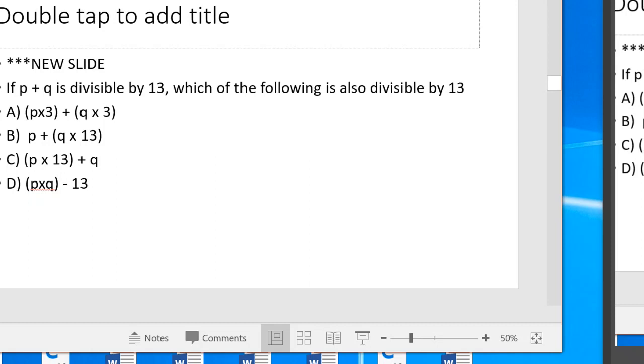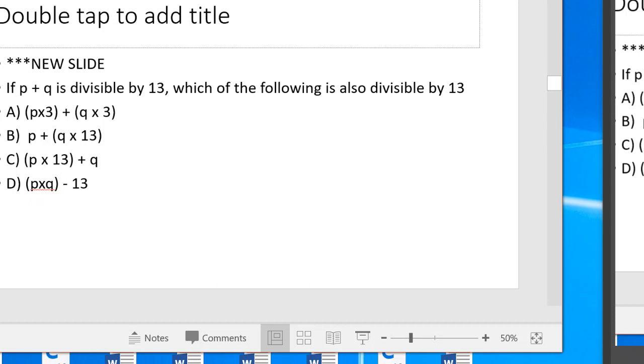Yeah, it says if P plus Q is divisible by 13, which of the following is also divisible by 13? You guys see that question? It's literally right after the problem that says if x is divided by 5. It's the second problem on the page.